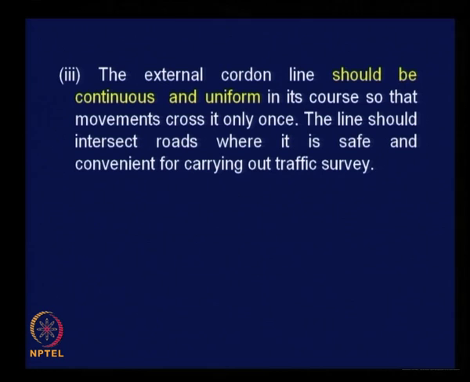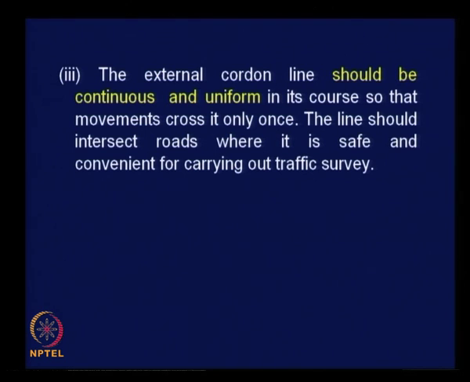Third point is this: the external cordon line should be continuous, right, and uniform in its course, so that movements cross it only once. Movements along the radiating roads should cross the external cordon line only at one location. Later on I will show you a picture to explain the same point.